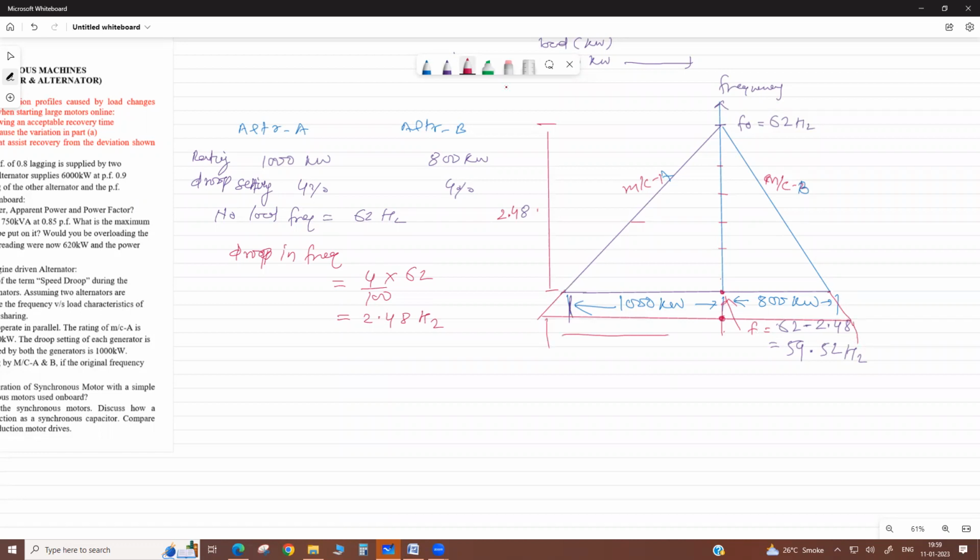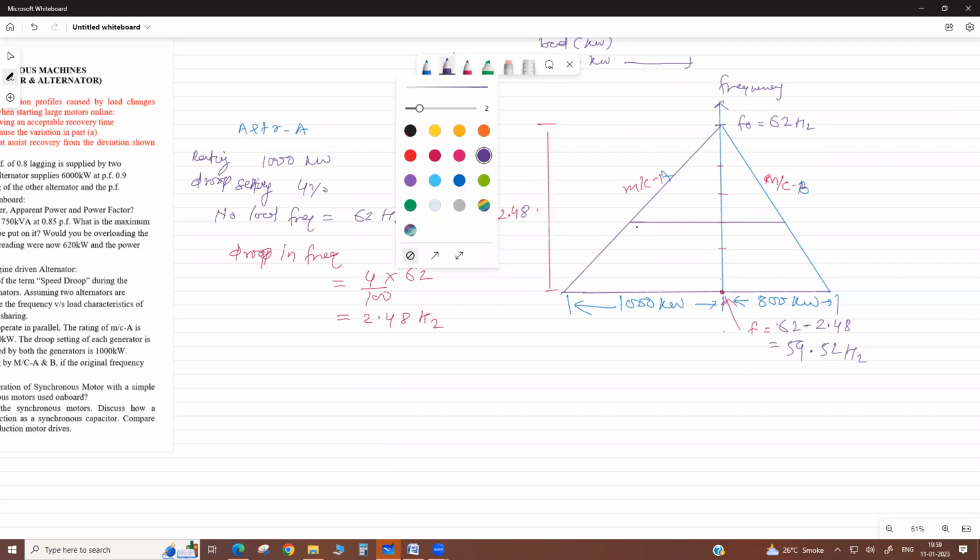Correct? Like this. But now your load is only, what is the load? 1000 only. Then where do they operate? Above this point, no? Like here or here. Maybe suppose this is your total load. If this is the total load, how much is it? 1000. Total load this.